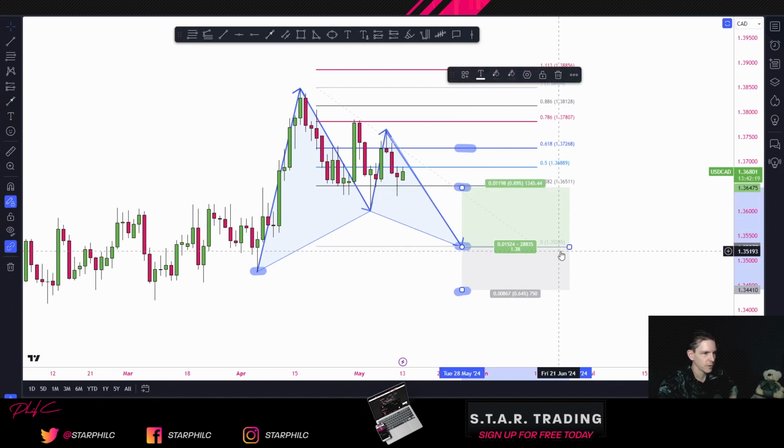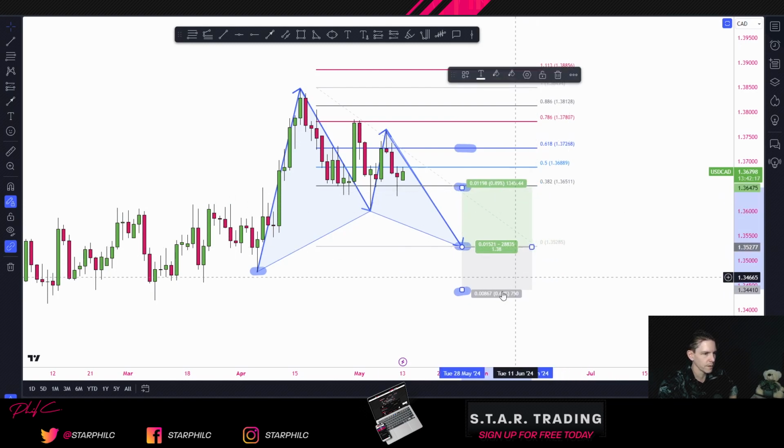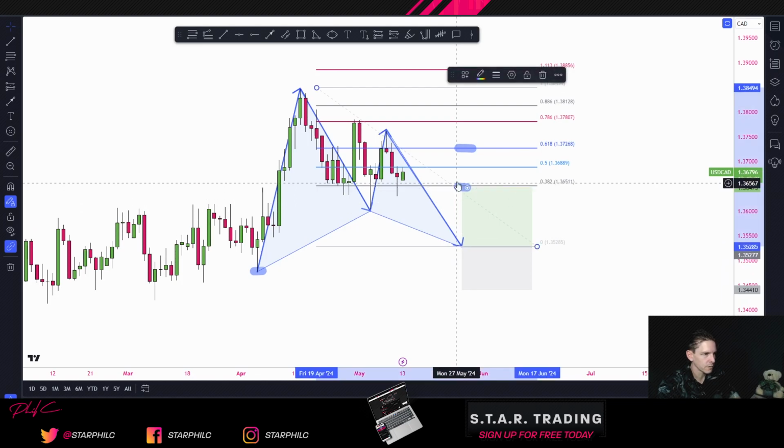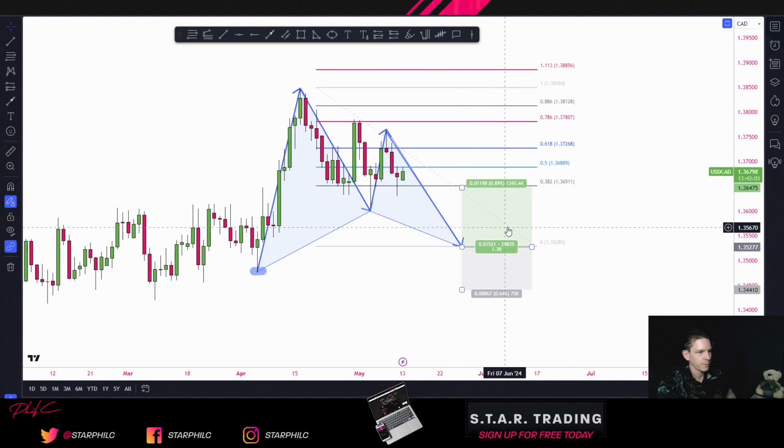Now targets are at the 382 right there, and stop is where it's meant to be already. Now let's take a look at the risk to reward here. Clean that up. Risk to reward. So we are over a 1-to-1. So 1.38. We're over a 1-to-1.